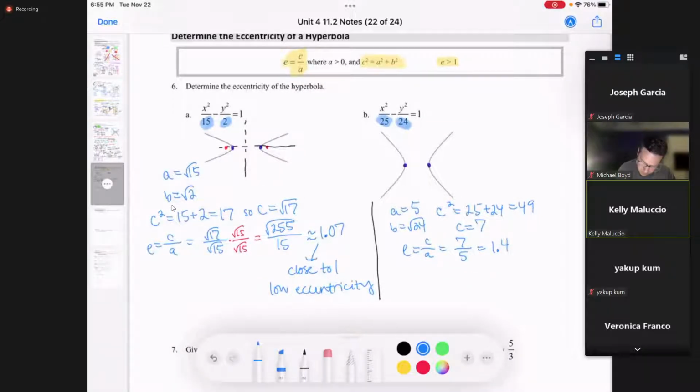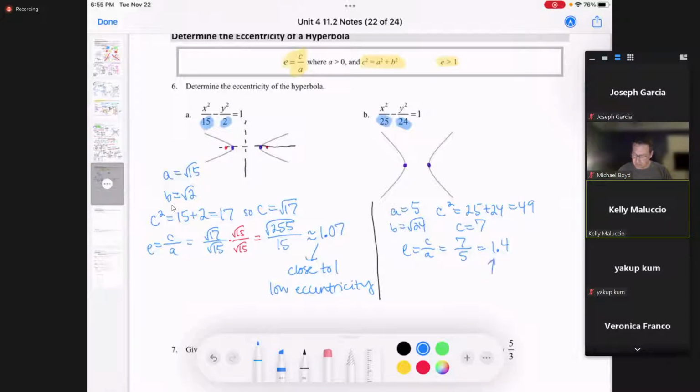Like in the scheme of things, they both still look like 1, but 1.07 is very close to 1 compared to 1.4. If you're looking at a scale between 1 and 2, or you could multiply these by 10 and look between 0 and 10 or 10 and 20.